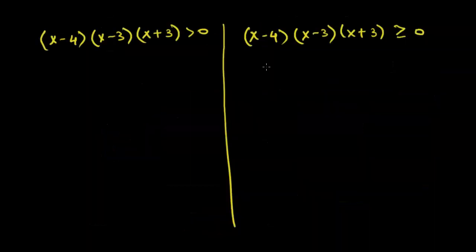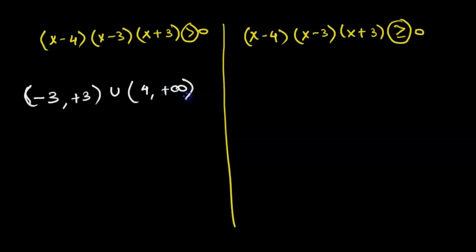To conclude, let's understand how this type of inequality is different from this type of inequality sign when it comes to writing solutions. We know the solution is -3 to +3 and 4 to positive infinity. Here also the solution stays the same because the factors are the same, -3 to +3 and 4 to positive infinity. Here we don't have an equal to sign along with the inequality, so this is the correct way of writing the solution.